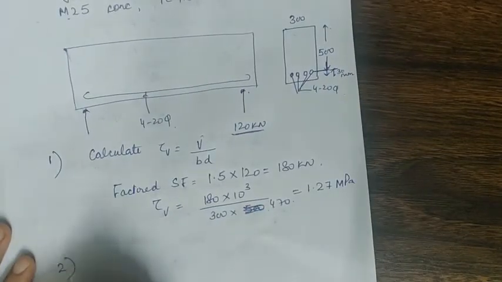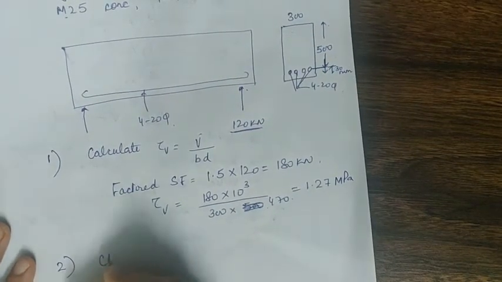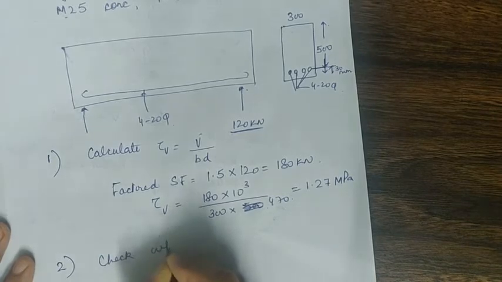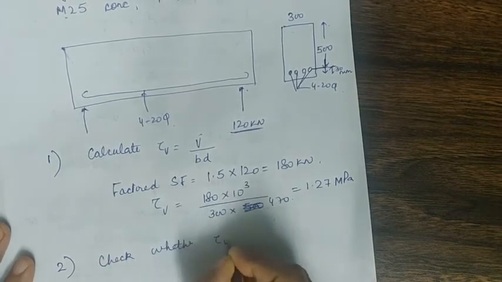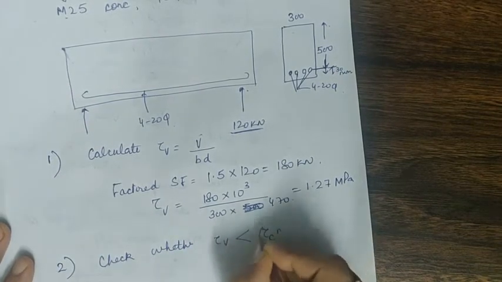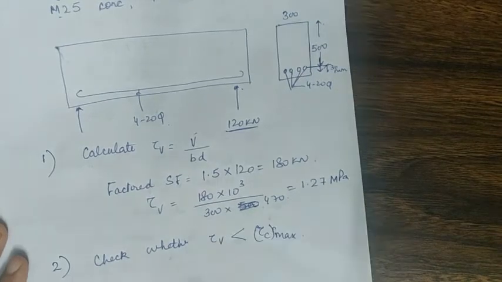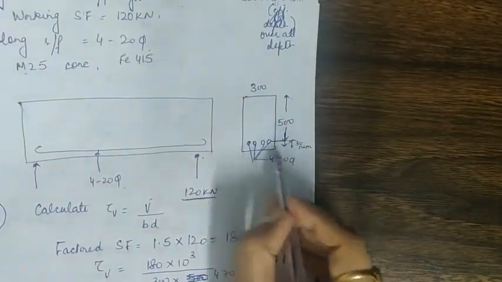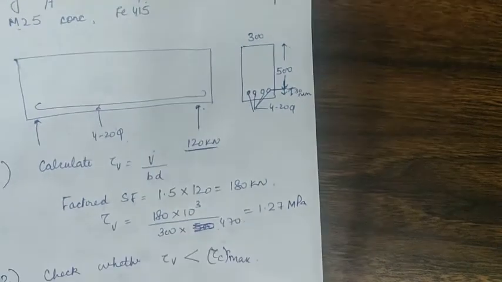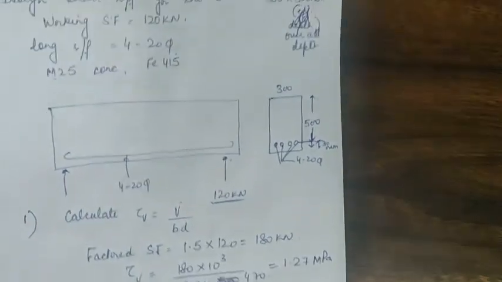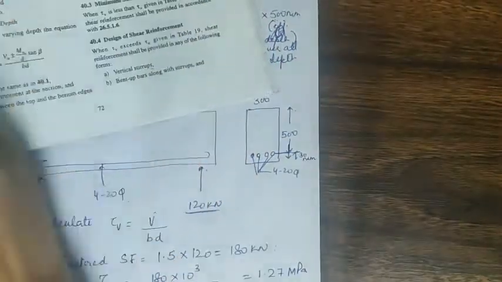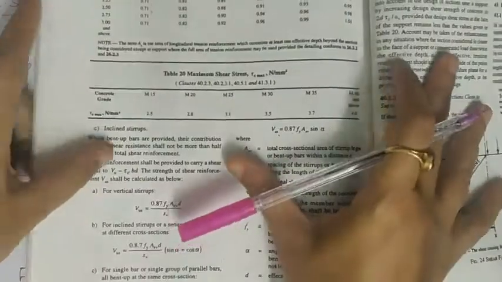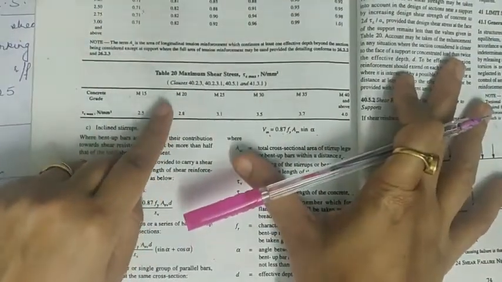Your second step is to check whether tau V is less than tau C max. We want tau V to be less than tau C max, otherwise we will change the dimension D. And from where do we get tau C max? From table 20, which gives the maximum shear stress.